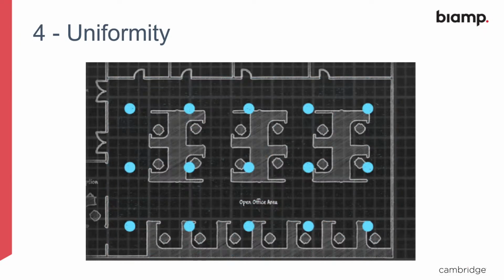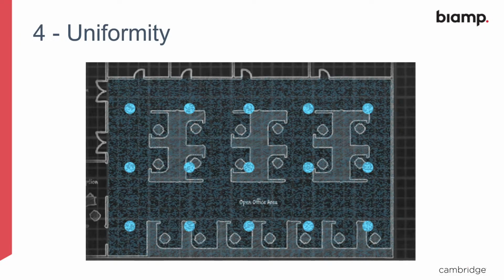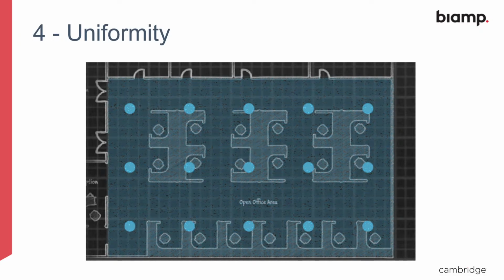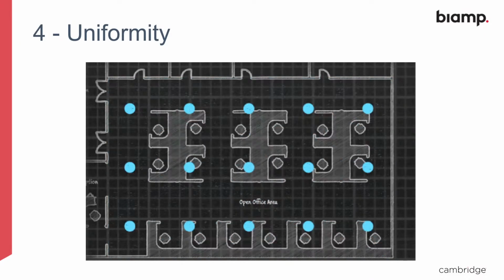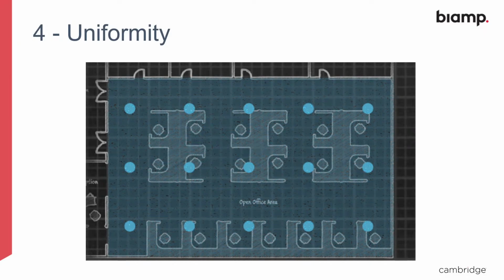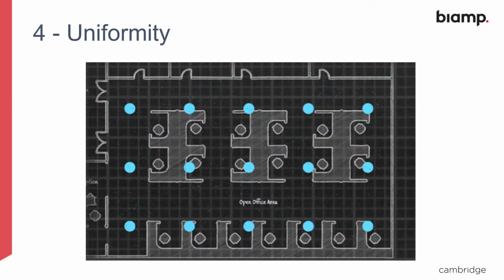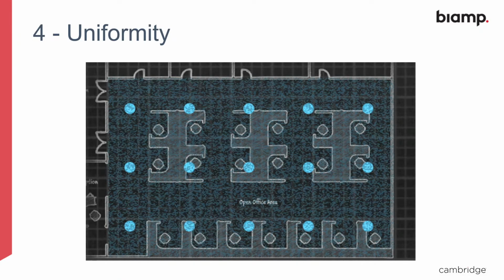So you want to have uniformity in each of the specific zones. And there are lots of guides on the other presentations that we do that show how to set that up and how to calculate it. There are some general guidelines that Biamp and Cambridge provide for how to calculate it, and best install practices as well. Absolutely.